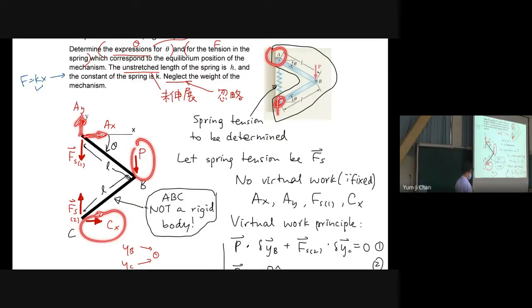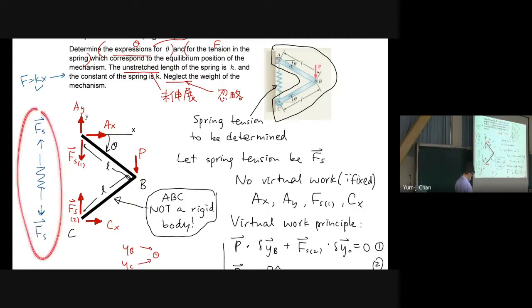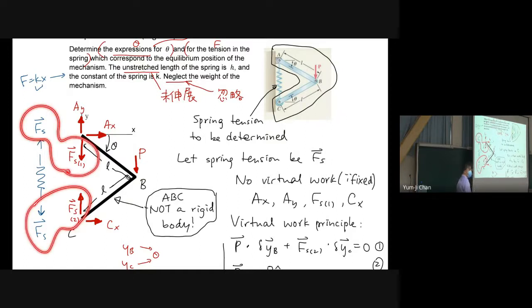For the spring, suppose the tension of the spring is Fs, we have this one, and by action and reaction, we have these two. Now we have 6 forces: 1, 2, 3, 4, 5, 6.